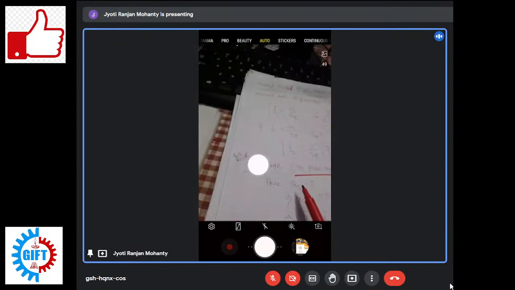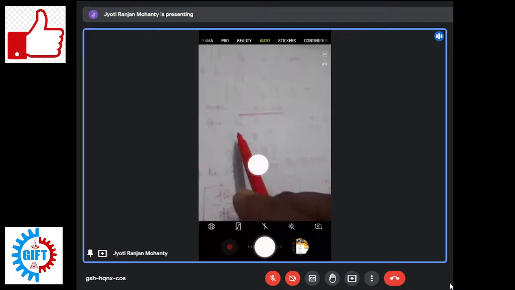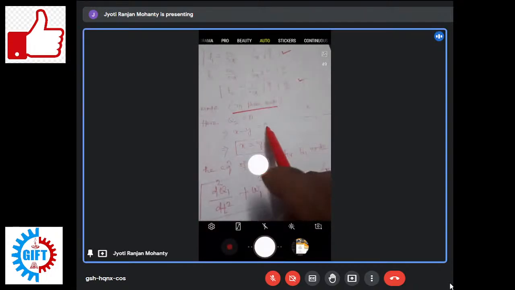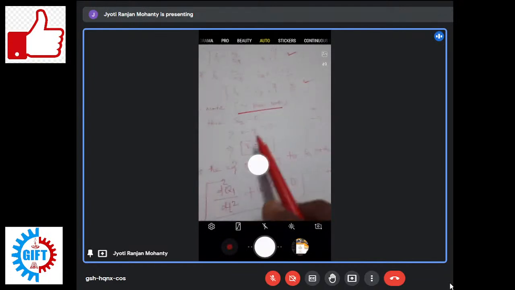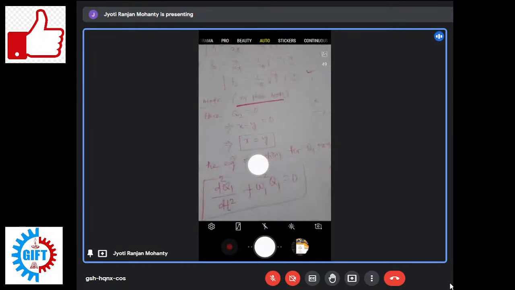What is the value of Q2? X minus y. This implies x minus y is equal to 0, so x is equal to y. What is the significance?